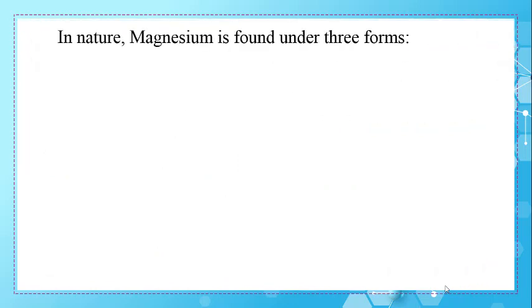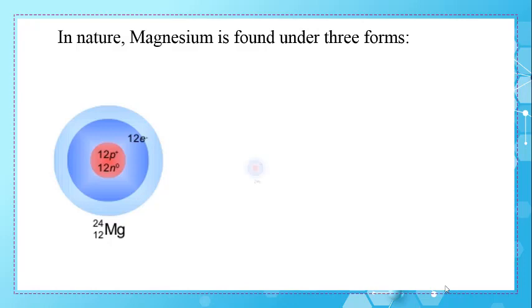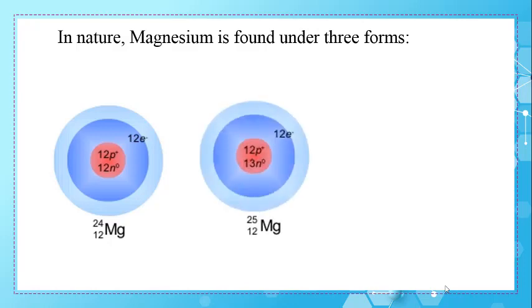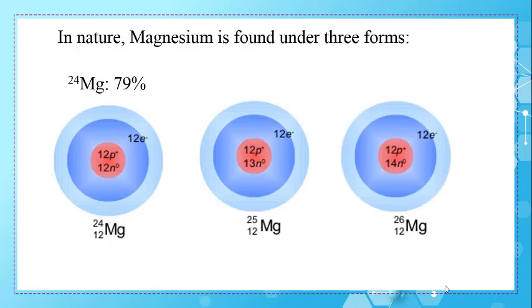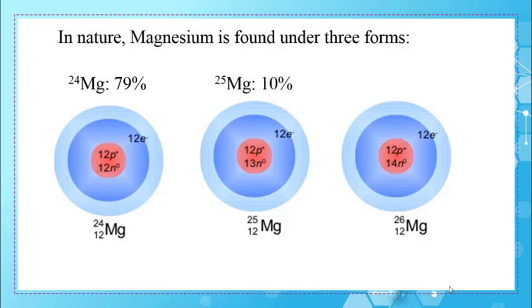In nature, magnesium is found in 3 forms: Mg-24, Mg-25, and Mg-26. 79% of magnesium is found in the form of Mg-24, 10% of magnesium is found in the form of Mg-25, and 11% of magnesium is found in the form of Mg-26.